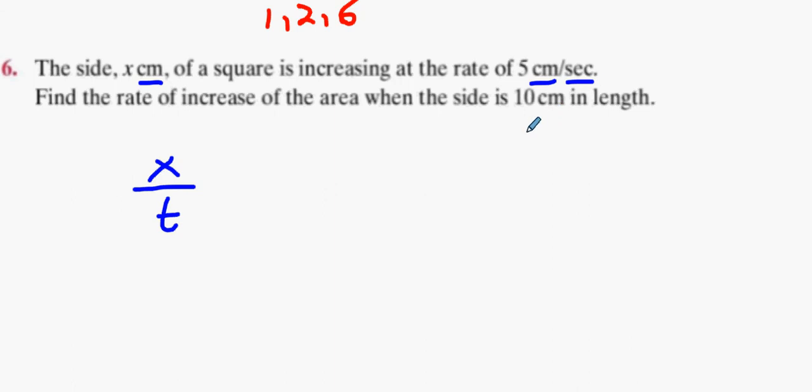Change means d. dx means the change in length x. The dt means the change in time. You get it? The change of length when time changes. And the answer to that is 5 centimeters per second.